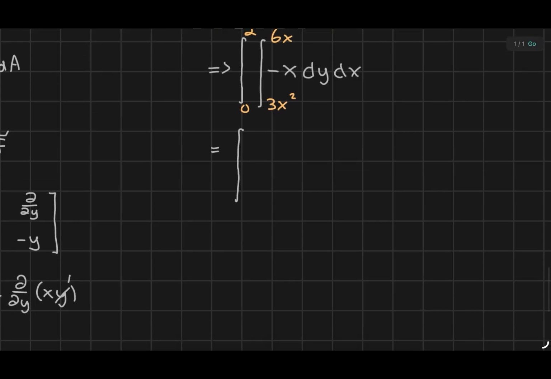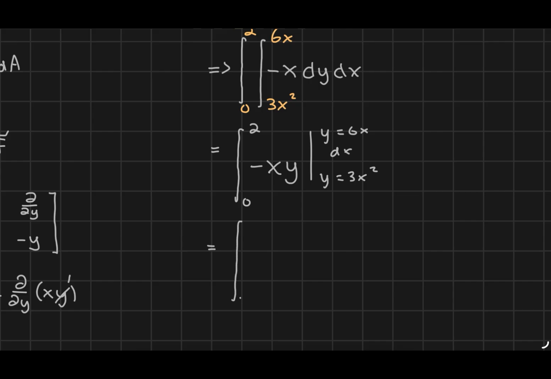Let's go ahead and solve this. We're going to have that outer integral still be from 0 to 2. We'll get to that later. Negative x integrated with respect to y is going to be negative xy, and then y is going to equal 3x squared and 6x, dx.